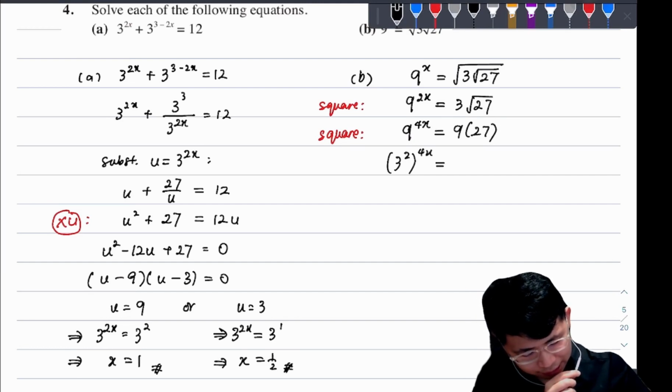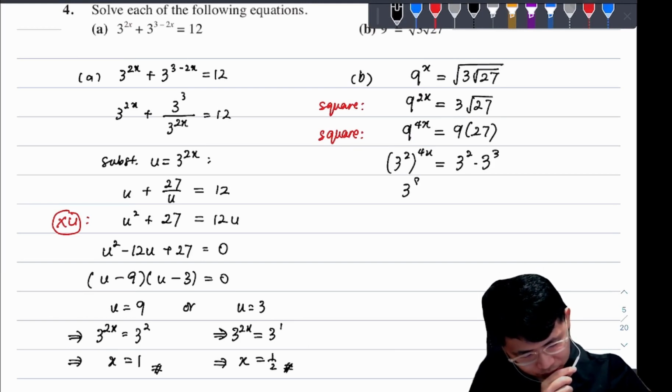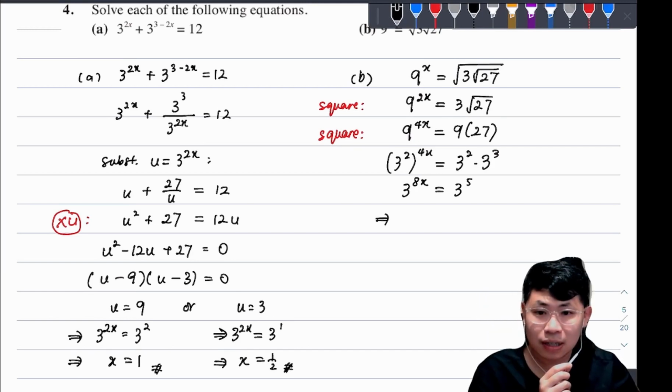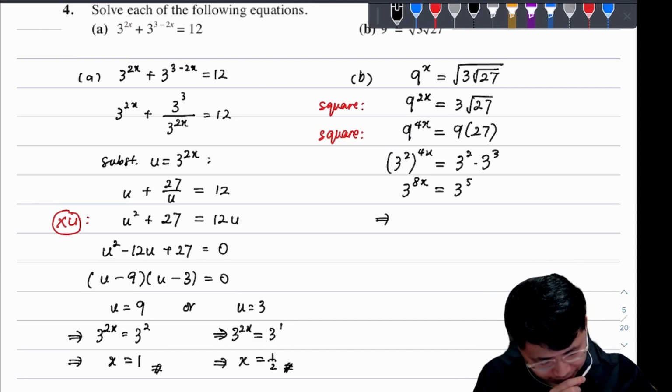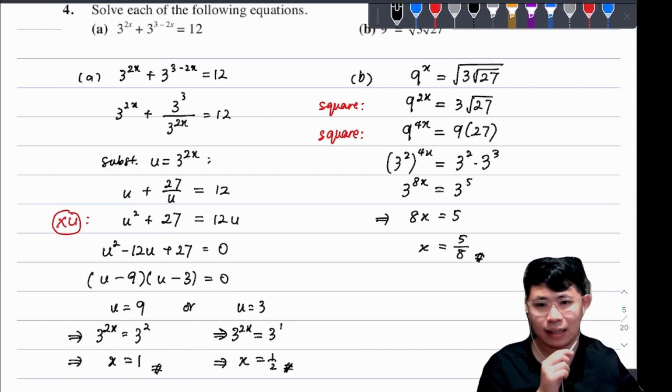The next one, 9 is going to be 3 square, 27 is 3 to the power of 3. So altogether, 3 power 8x is equals to 3 to the power of 5. Now comparing the index, because the base is the same, 8x is equals to 5. x is equals to 5 over 8. So we solve like that.